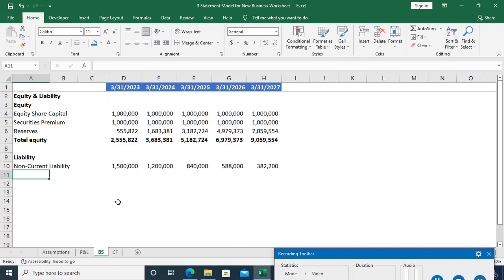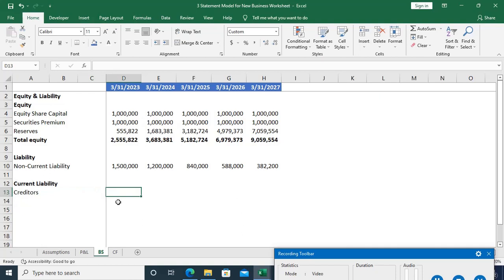Then we should look at current liability. This is the non-current. Then current liability. In the current liability part, what is there? We have creditors.